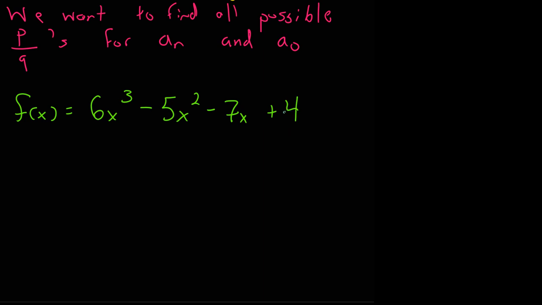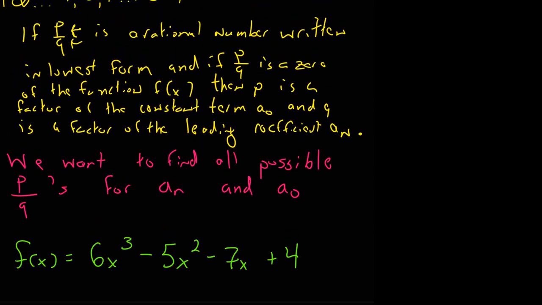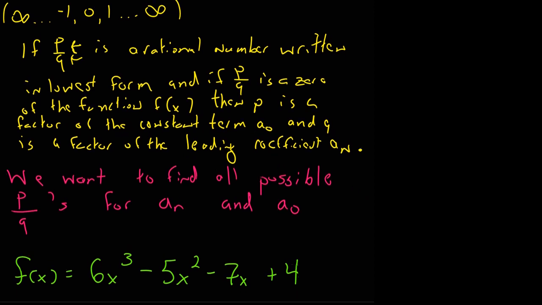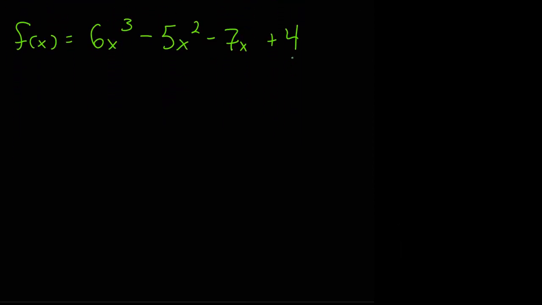So I'm going to do a little jumping back and forth. This is what we're going to focus on. This says that p is a factor of the constant term and q is a factor of the leading coefficient. So my constant term 4 makes up p. Book uses blue for p's, so I'll try to repeat that. So p is possibly going to be made up of the factors of 4.